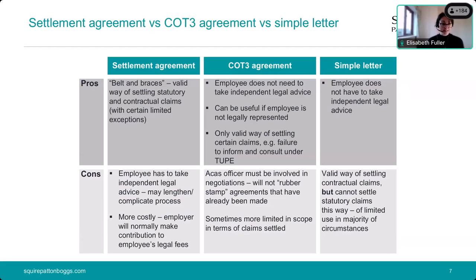So the use of a settlement agreement is very much a belt and braces approach, like it says on the slide there, as a settlement agreement is a valid way to settle both statutory and contractual claims with certain limited exceptions.